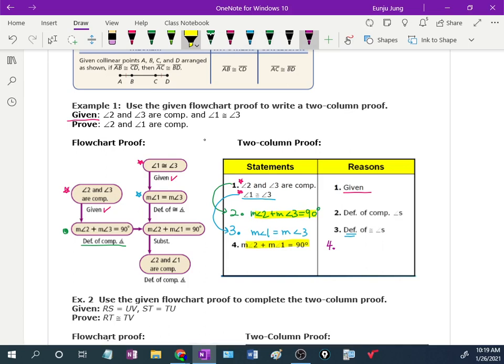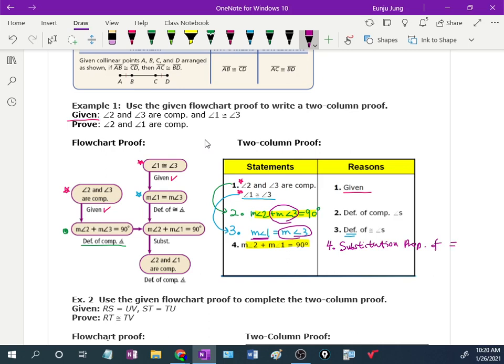Which part is different? It's exactly the same except that part, right? What did we do for that part? I replaced it. That's right. So we have to use substitution property of equality. Okay, that's the reason.